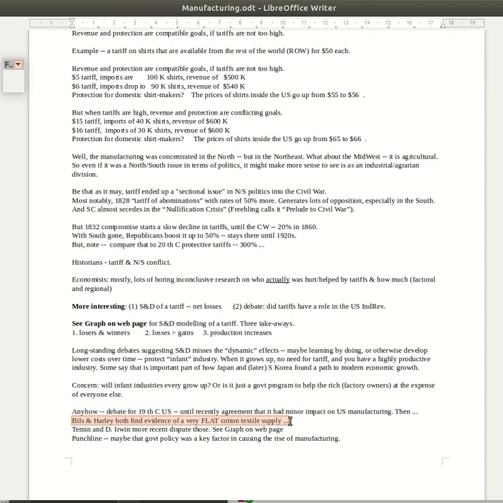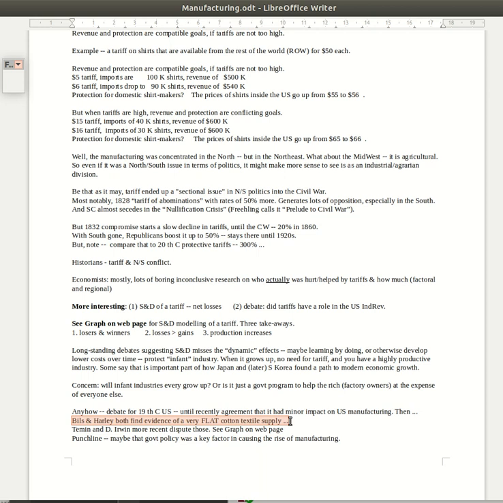Flat in the sense that if the price were pushed up, there'd be a big increase in the quantities produced. And of particular importance, if the tariff had been removed, causing the price of textiles to decrease, then there would be a big decrease in the quantity produced. So there's one view, Bills and Harley, saying that having the tariffs made a big impact on the production of textiles.